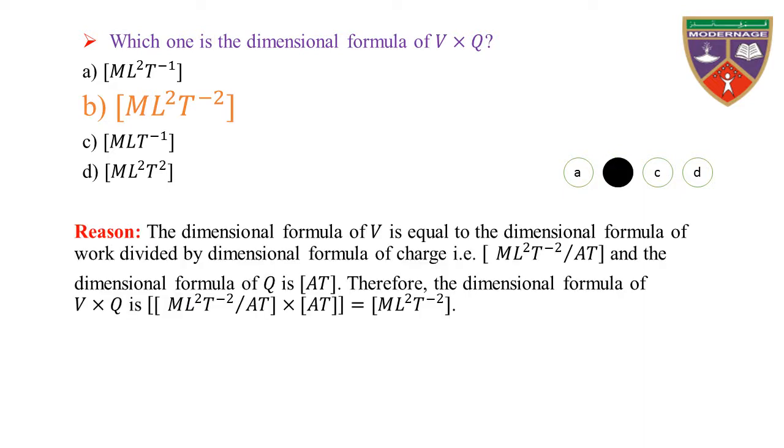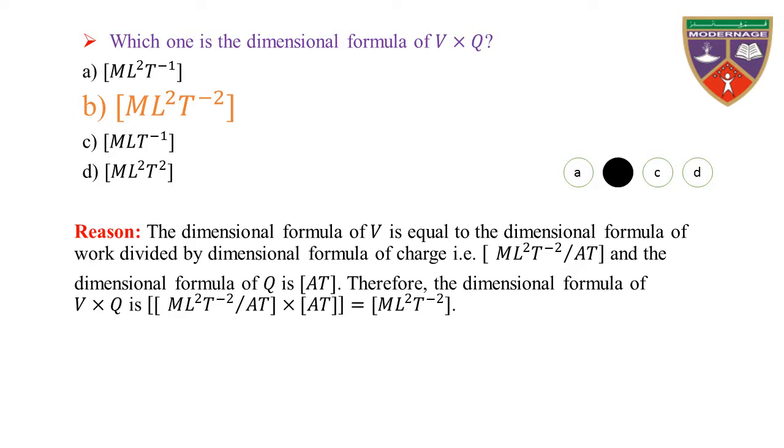Reason: the dimensional formula of V is equal to the dimensional formula of work divided by the dimensional formula of charge. That is, square bracket M L square T power minus 2 is the dimensional formula of work, divided by AT, which is the dimensional formula of the charge.